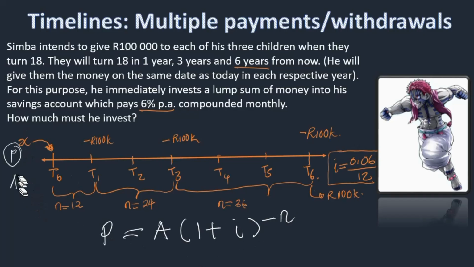I hope that makes sense, right? So for me to get my very principal amount here, I need to calculate from my final accumulated amount, which is 100,000, and get back to my initial principal amount here. So this is the formula we are using to calculate the principal amount. So every time you calculate the principal amount, you are calculating backwards, right?